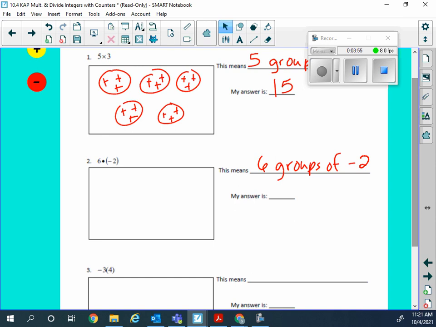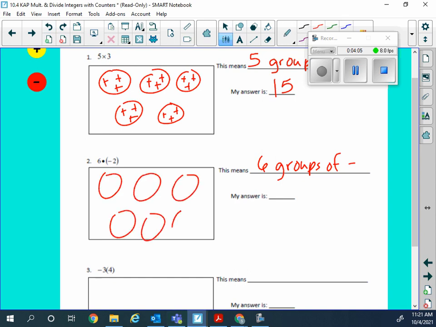So that means I would have 6 groups of -2. And how much do you get? -12. Everything cool so far?